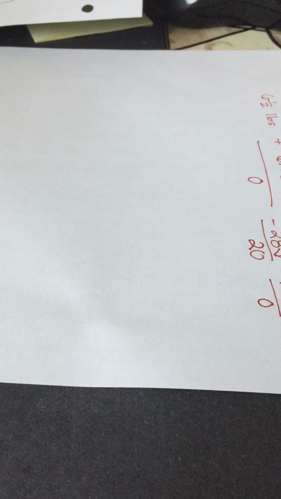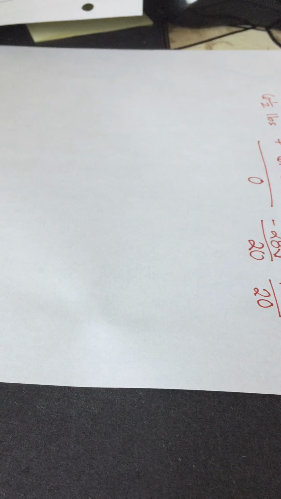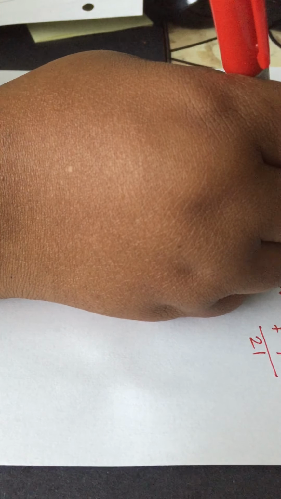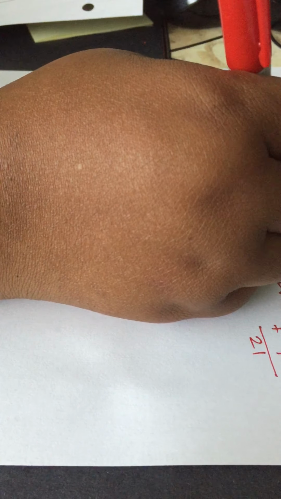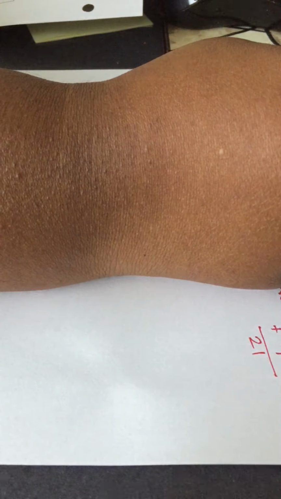And that is 10, carry my 1. That makes that quantity 20. And then you have the extra 1 there. That makes that 21. Bring down your decimal. Carry your 2.